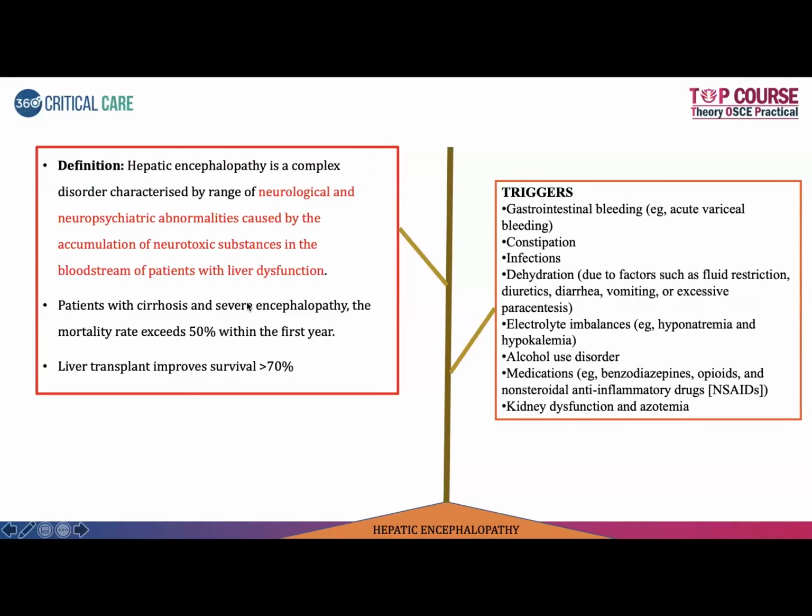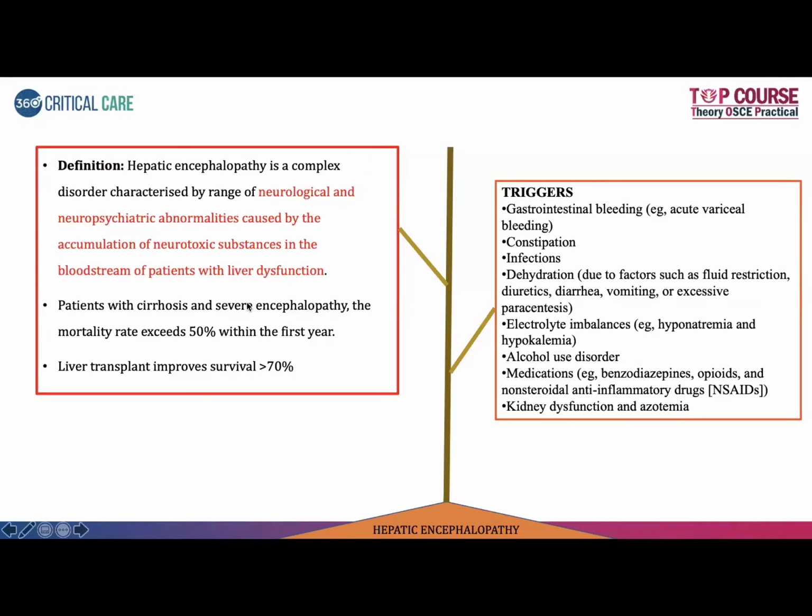This systemic inflammation is the first thing that you need to remember. So this causes oxidative stress and increase in the blood-brain barrier permeability, along with ammonia not being adequately metabolized by the liver. So there is inflammation, blood-brain barrier permeability that is worsened, and hyperammonemia.